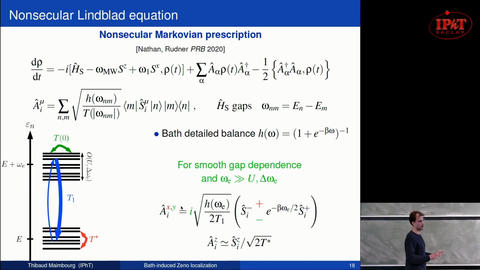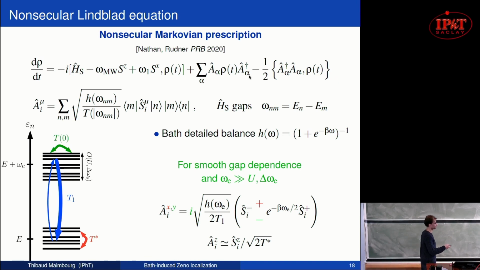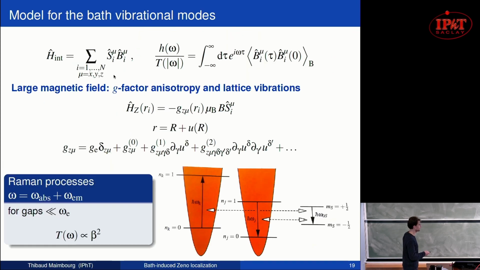Basically I assume I have a bath at temperature T. Then I have to trace over the bath, and the effect of tracing over the bath is contained in those operators, which are proportional to the interaction with the bath. So it's contained in that function, which I defined a bit later.